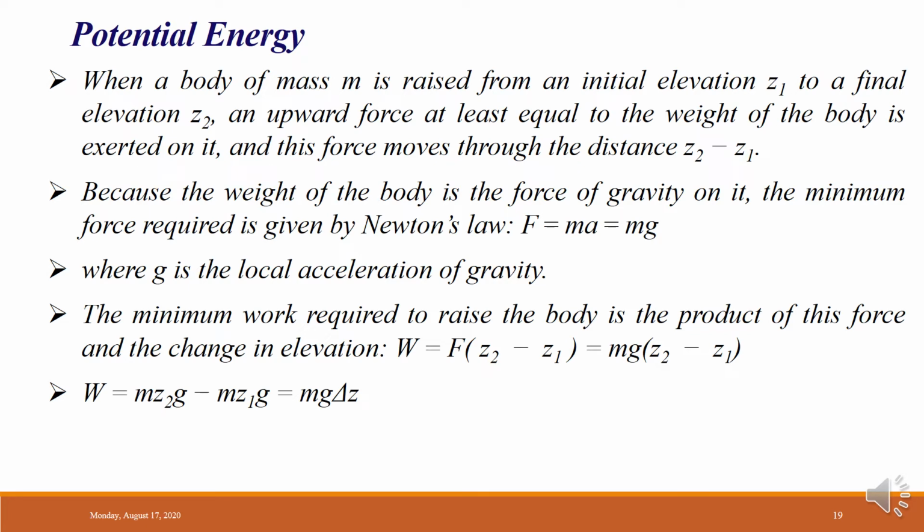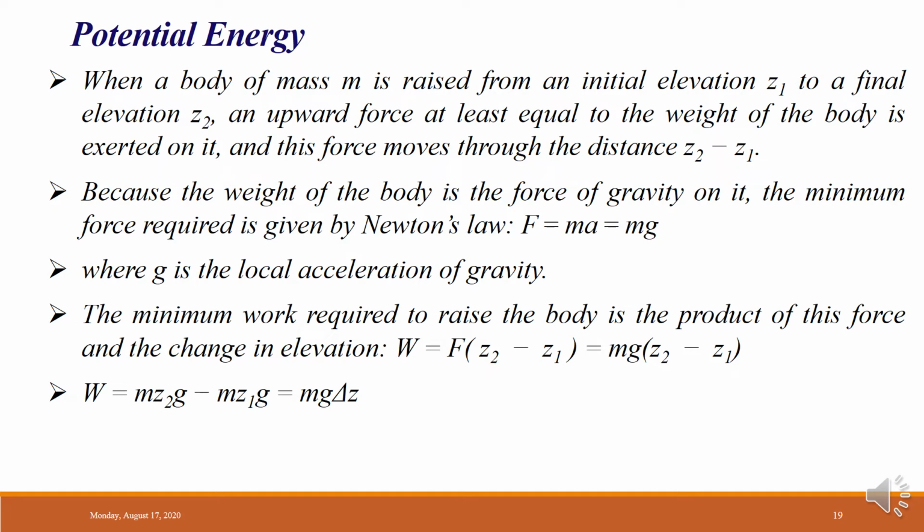Because the weight of the body is the force of gravity on it, the minimum force required is given by Newton's law: F is equal to ma, and a is replaced by acceleration due to gravity, so F is equal to mg. Here g is the local acceleration of gravity, and the minimum work required to raise the body is the product of this force and the change in elevation.